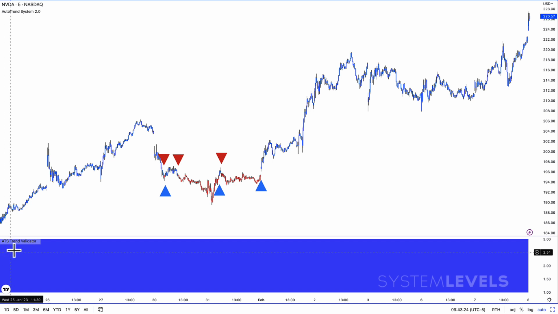The 1-hour time frame trend is displayed on the lower part of my screen. So the trend validator is displaying the AutoTrend system's trend from a 1-hour time frame. So right away, as soon as we open that chart, we know that the higher time frame, the 1-hour time frame, is bullish, right? So it's an uptrend.